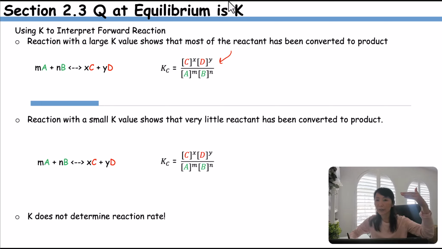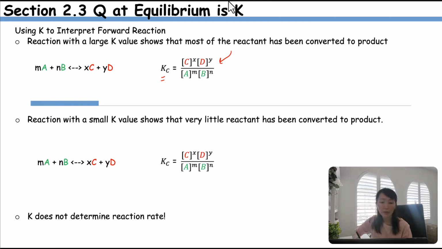Having that numerator large makes the equilibrium constant really big. So therefore, most of the reactant has formed into product at equilibrium.